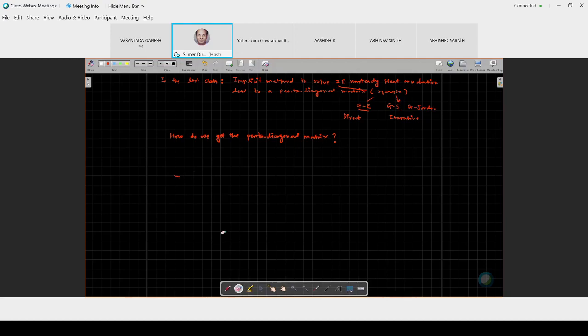suppose this is your x domain. Essentially you divide this into different nodes, and these nodes you can index.